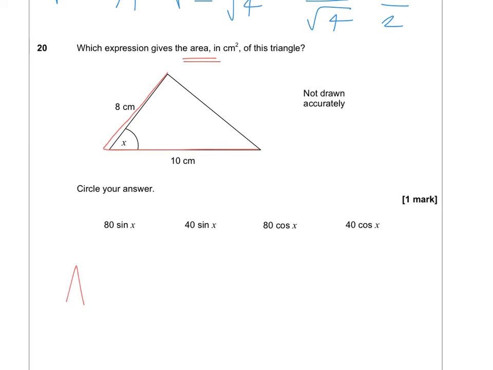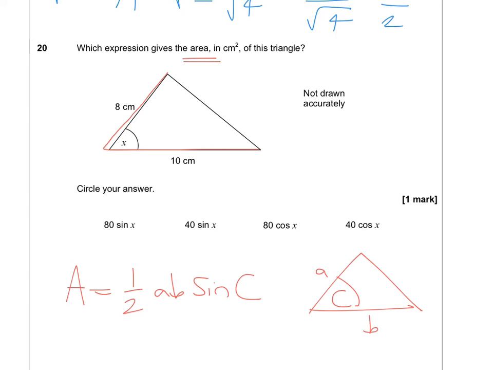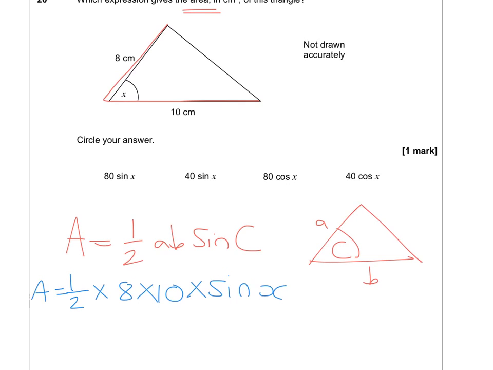The area formula here is area equals 1/2 AB sine C, one of the formulae that you have to memorise, and the angle C lies trapped in between sides A and B. So the area here is 1/2 multiplied by 8 multiplied by 10 multiplied by sine x. If we simplify this, this gives us 40 sine x, i.e. this answer here.